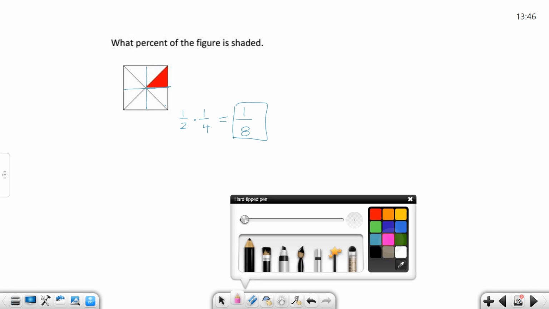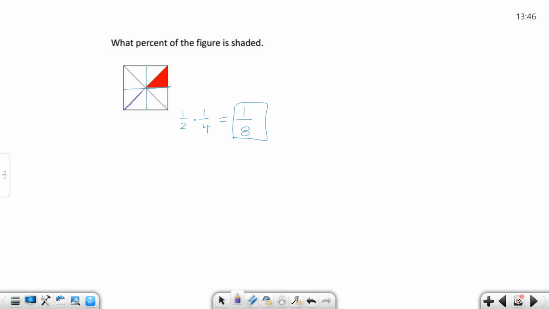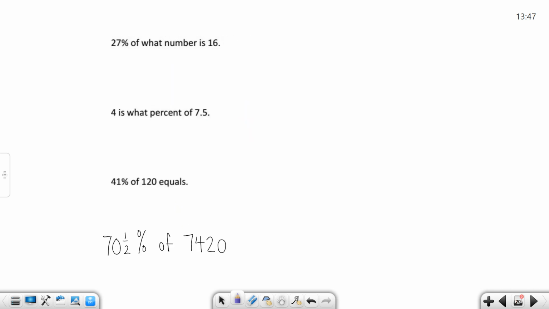So now if you look at those regions separated with a blue, you have 1, 2, 3, 4, 5, 6, 7, 8 of those regions, and one of them is shaded. And so that would be 1/8, working it that way as well. Whichever way you feel more comfortable, that's fine. Whichever way you understand it better.